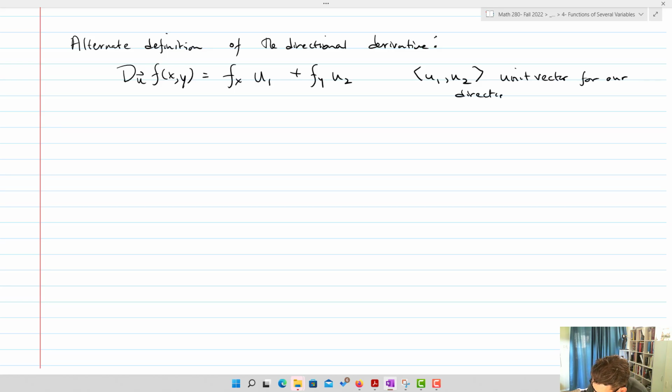And what you want to notice is that this is actually the gradient dotted with u. So the directional derivative Du of f of x,y is equal to the gradient of f dotted with u, which is our direction vector.